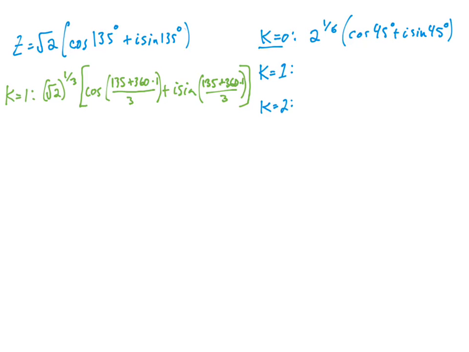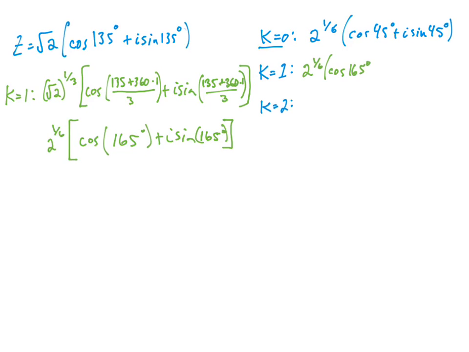Square root of 2 to the 1/3, we already saw that that's going to be 2 to the 1/6. Cosine of, well, 135 plus 360, that's going to be 495. 495 divided by 3 is 165. So it's 165 degrees plus I sine 165 degrees. And that's it. We want to leave this in polar form. So 2 to the 1/6 times cosine 165 degrees plus I sine 165 degrees.